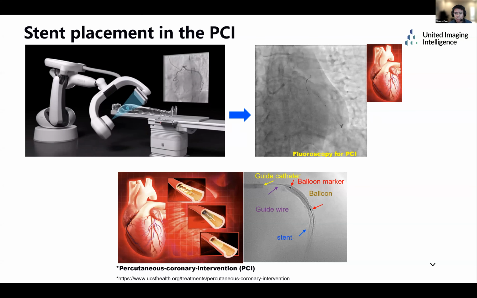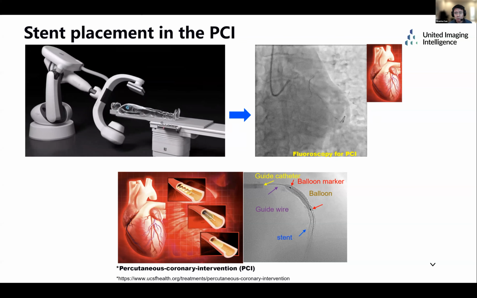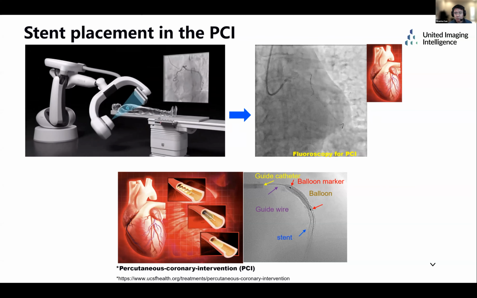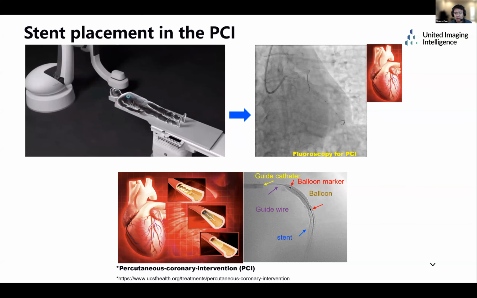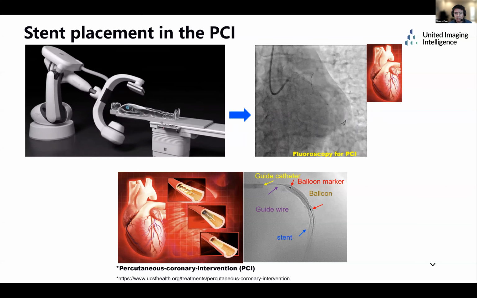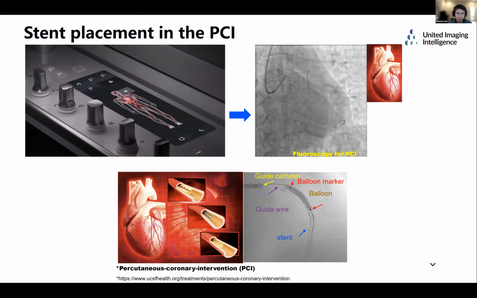During a couple of frames, the physician injected the contrast. We can see the coronary artery after the physician injected the contrast. Once the blood flow washes out the contrast, we are not able to see any coronary artery in the image.